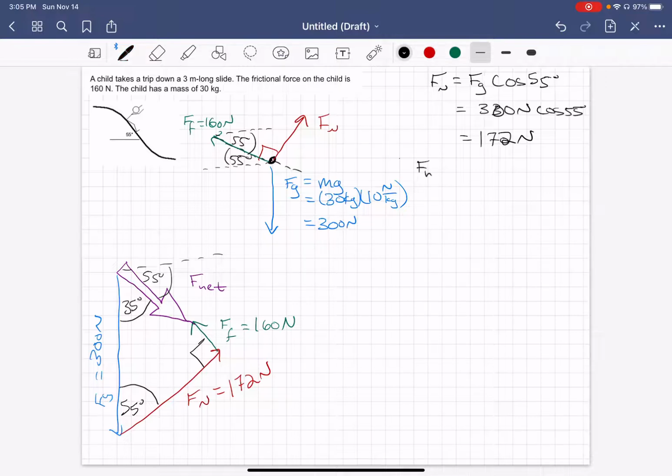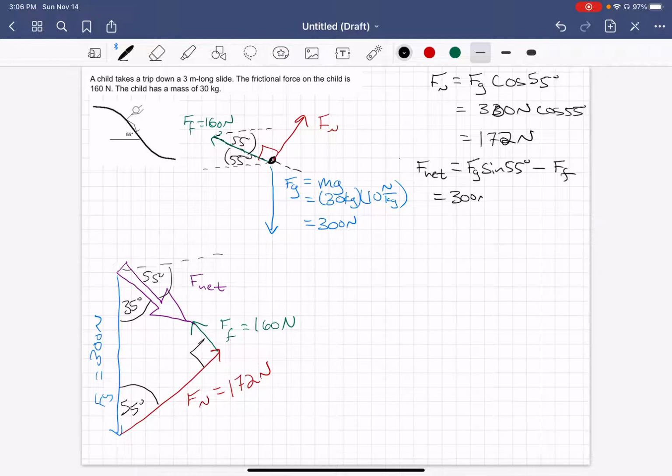Next, I'm going to find the net force. So the net force plus the force of friction must make up this side of the triangle. Well, that side of the triangle is the force of gravity times the sine of 55 degrees. So if I do that minus the force of friction, that should give me my net force.